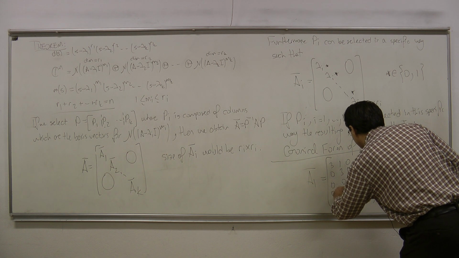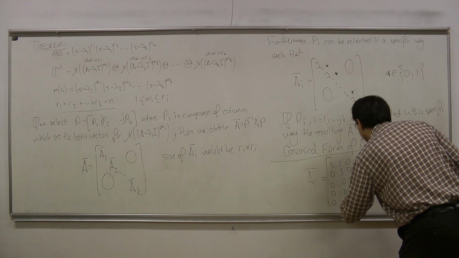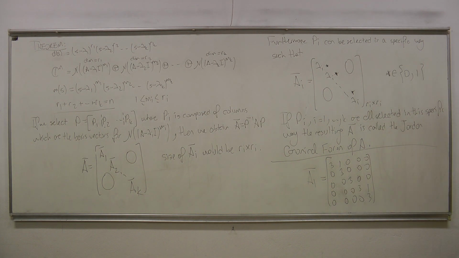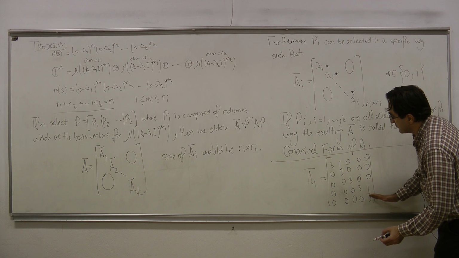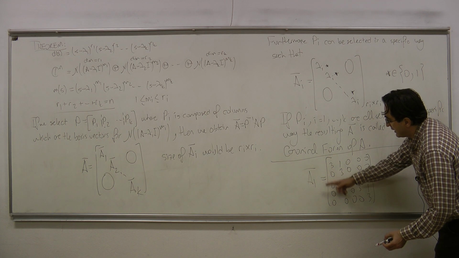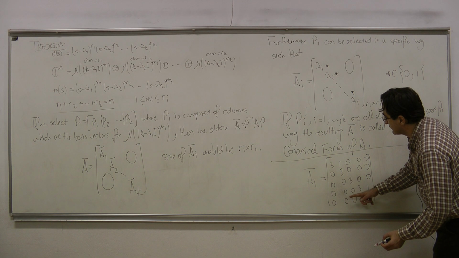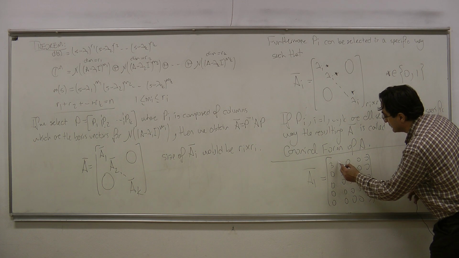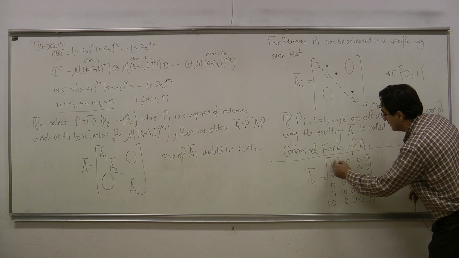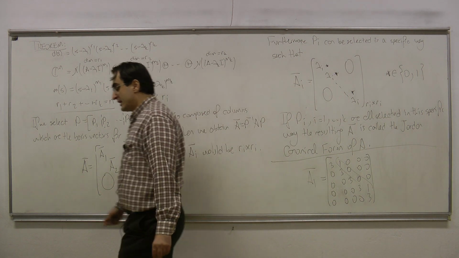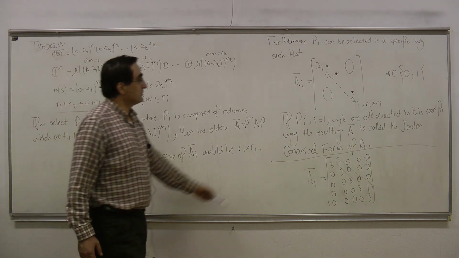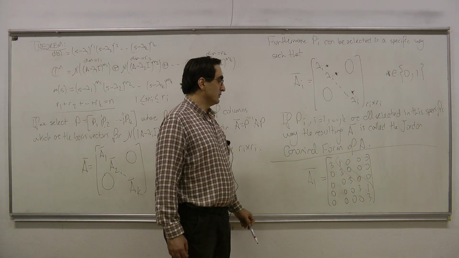So for example, this might be a candidate A1 bar. Okay? And you see that all of the main diagonal elements are filled with the eigenvalue 3, and below it I would have always zeros, and one above the main diagonal is filled with either 0 or 1. Okay? So you see that here I have this type of matrix.